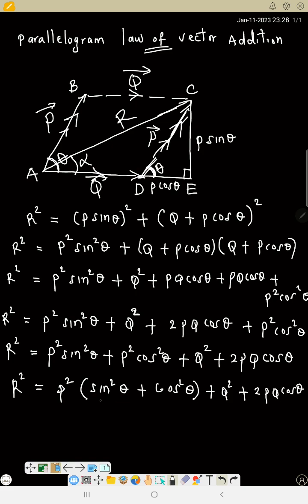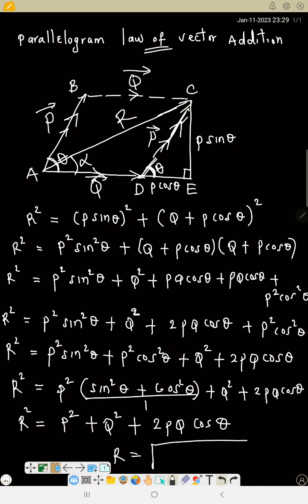But from trigonometric identity, all this one is 1. That is, sine square theta plus cos square theta is 1. So r square will be equal to p square plus q square plus 2pq cos theta. So r is finally equal to the square root of p square plus q square plus 2pq cos theta.